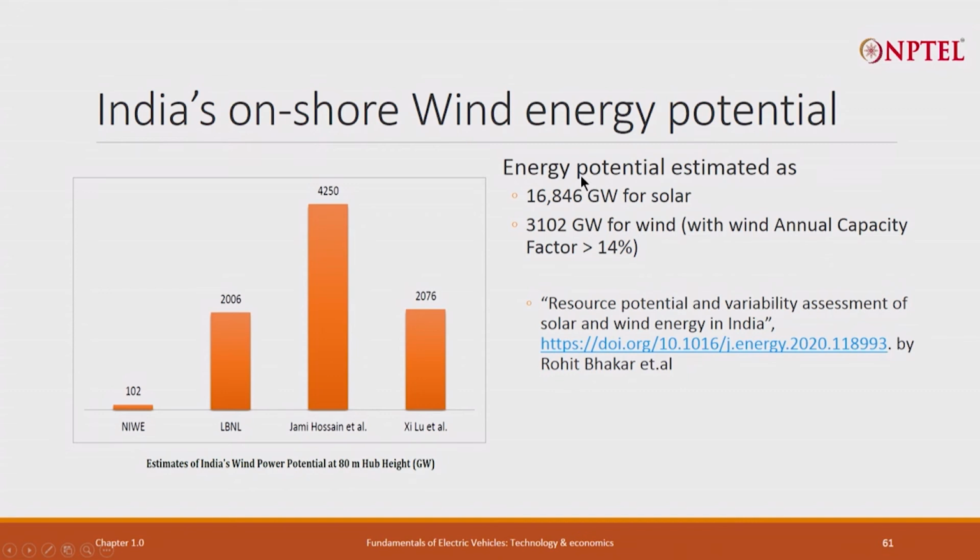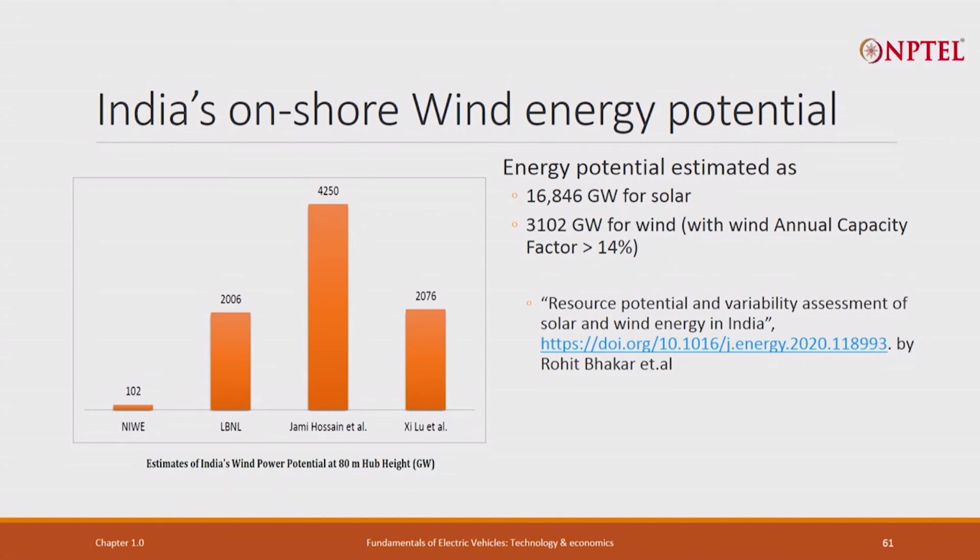Are these reasonable? My feeling is they are a little bit less, the actual is more, because I think all these were done when windmills were mostly at 100 meters, now it is 120 meters, you are deploying higher, and solar efficiency has also gone up.